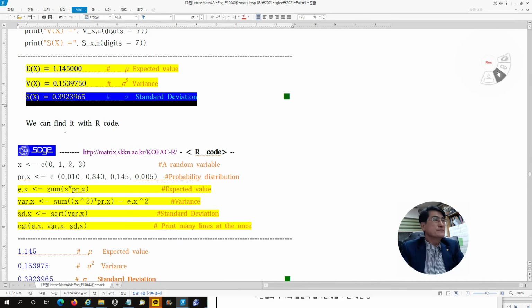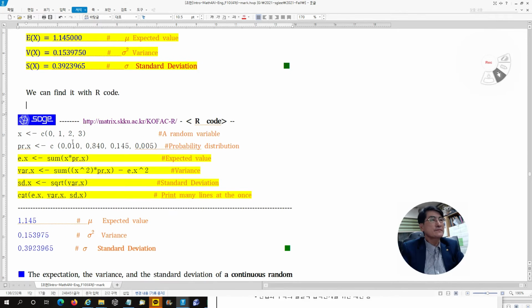We can do the same thing with the R code for statistics, which you can practice here without changing the options. Define x and define the probabilities, and the expectation, variance, and standard deviation are defined in this way.